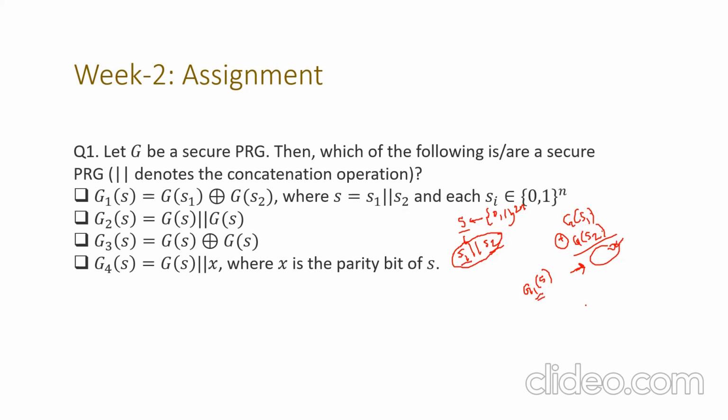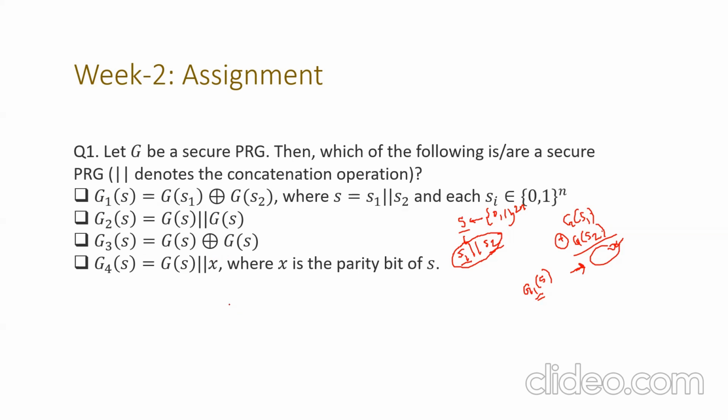In the other way around, you can show that if this was not a secure PRG, then you would be able to break the security of the PRG G. So you can find some reduction showing the security of G1.